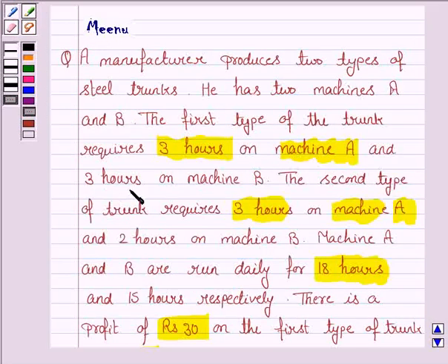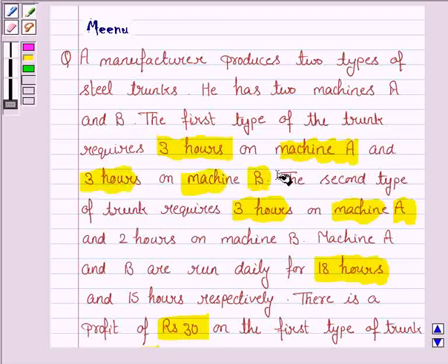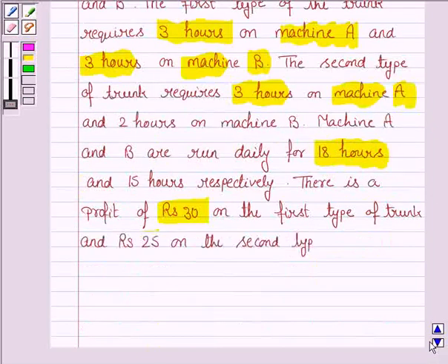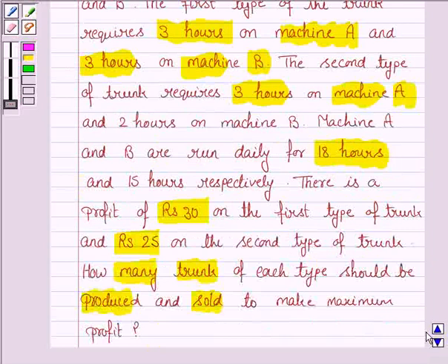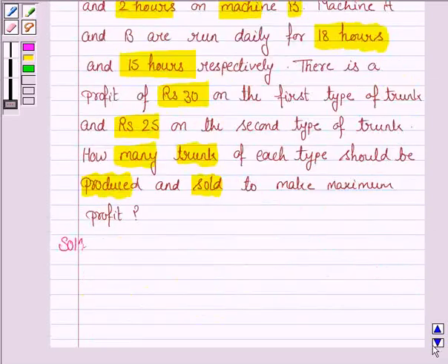Similarly, we are given that the first type of steel trunk requires 3 hours on machine B and the second type of steel trunk requires 2 hours on machine B, and the maximum time for which machine B can run is 15 hours.